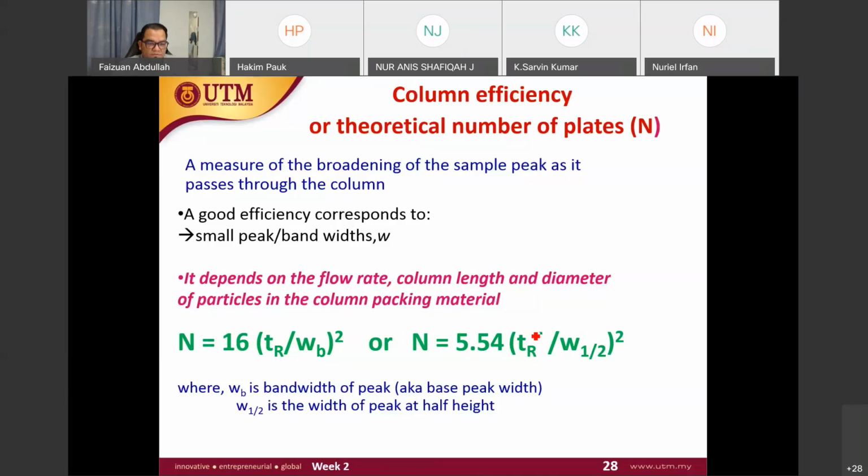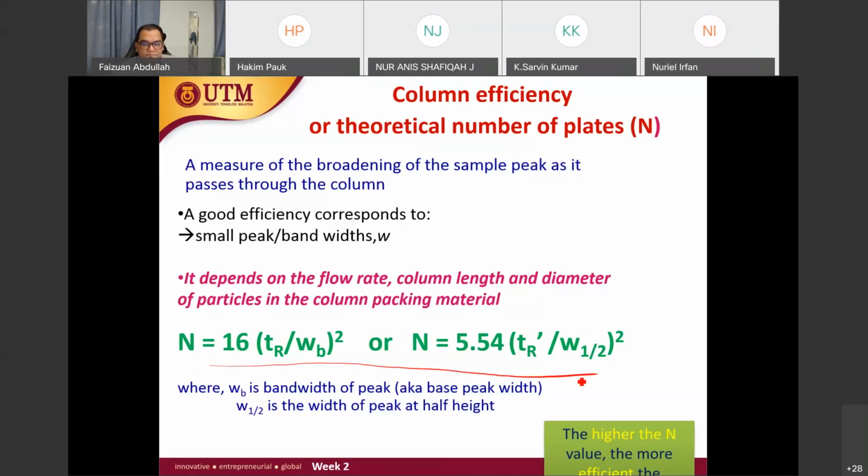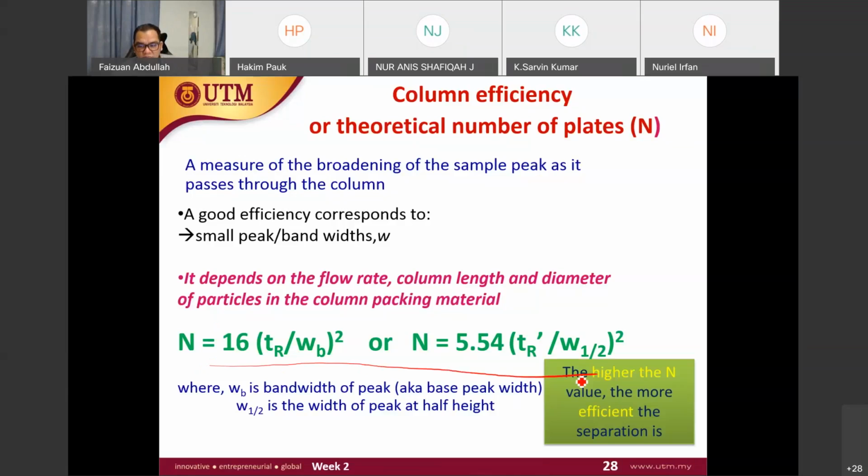So this is the equation; either we use W or W half. The higher the N value, the more efficient the separation is.